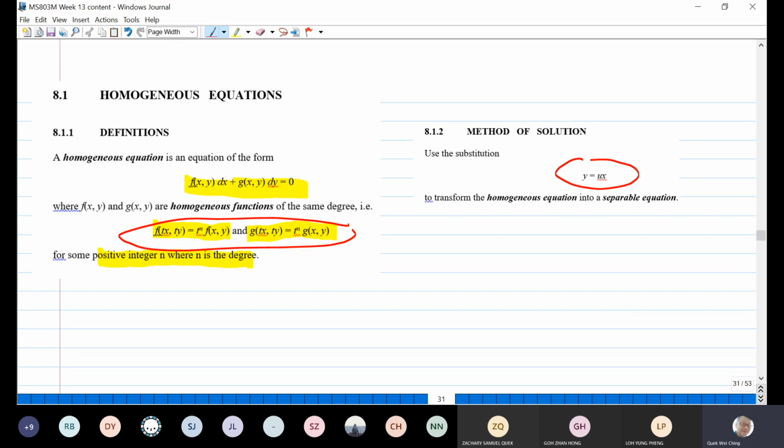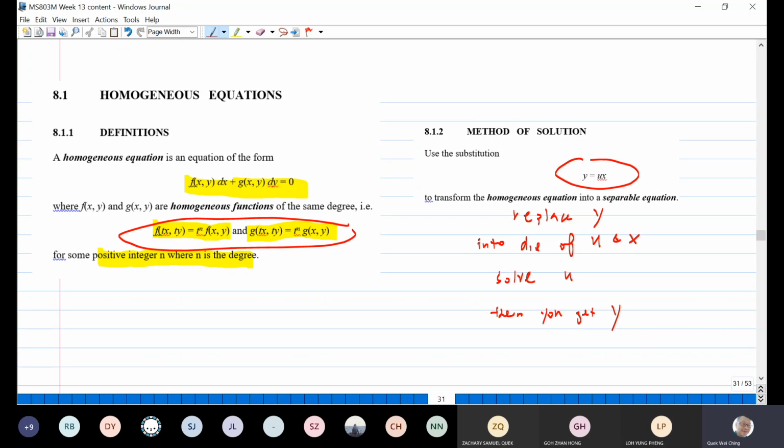So you let y equal u times x, then replace y into the differential equation, giving a differential equation in u and x. Once you solve for u, then you also solve for y, because y equals u times x.